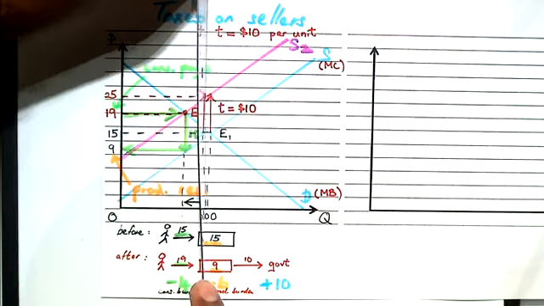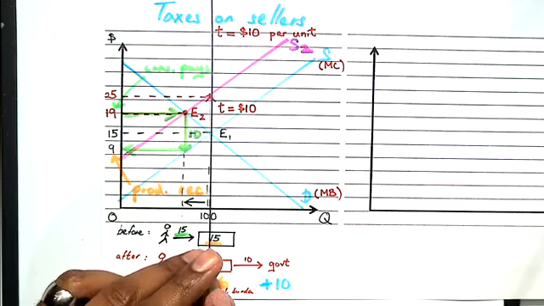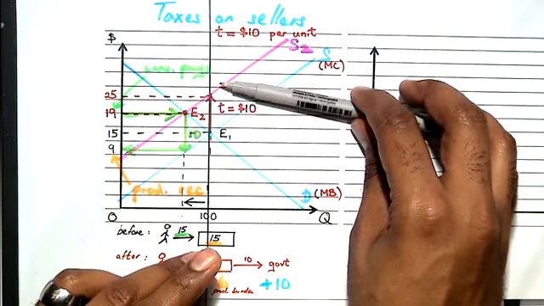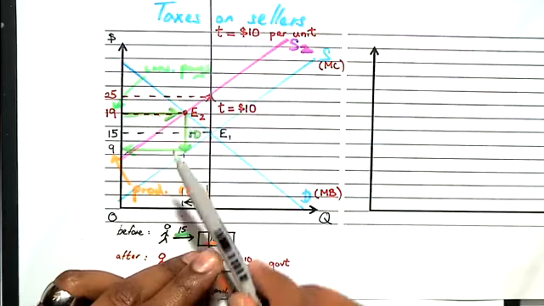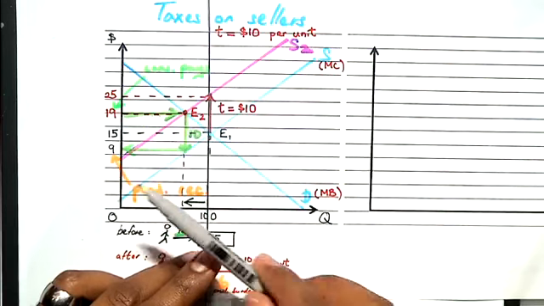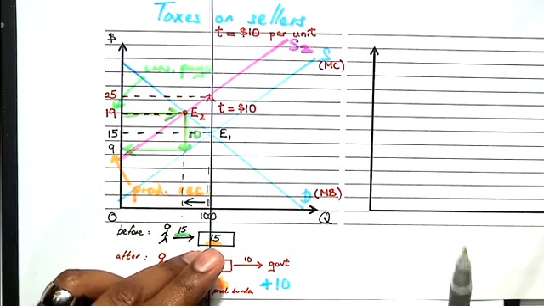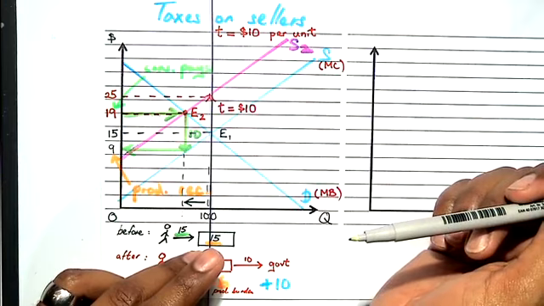If the demand curve was vertical, can you see where the black line intersects the pink? Then the new equilibrium price would be 25. So if demand was perfectly inelastic, that means the consumer is not sensitive to the price, then you could pass all of the tax to the consumer.